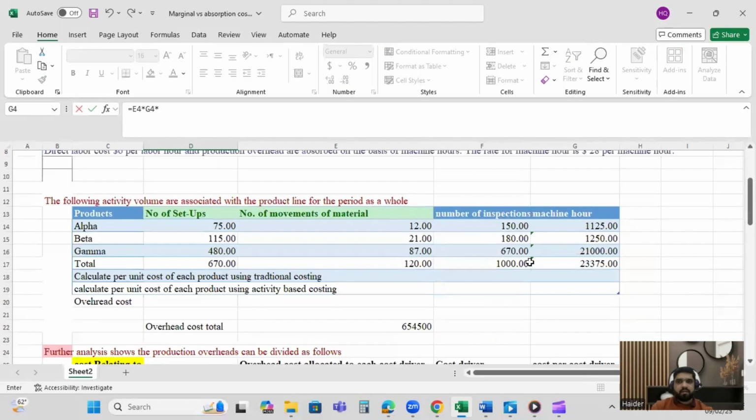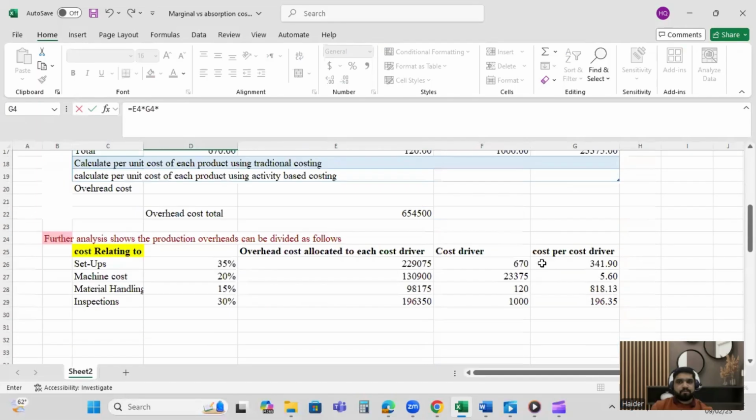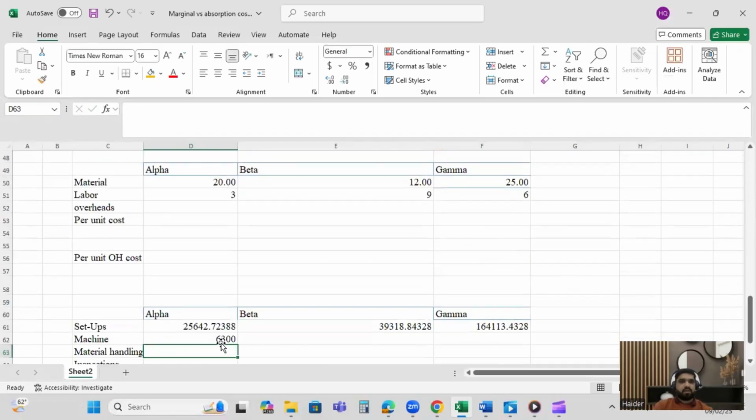Multiply by the cost per machine hour. That's the machine cost per unit, 6,300.